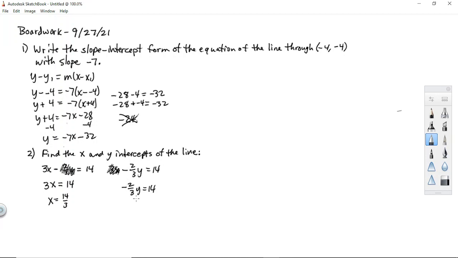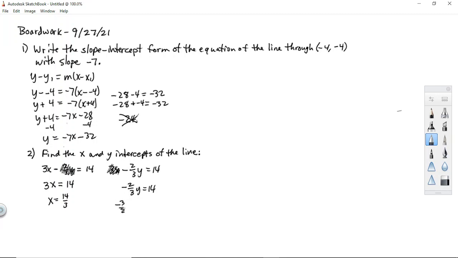Okay? And now, we want to get rid of the negative 2/3. I might have just said 2/3 y. I meant negative 2/3 y. So we multiply by the reciprocal of negative 2/3, and that's going to be negative 3/2.